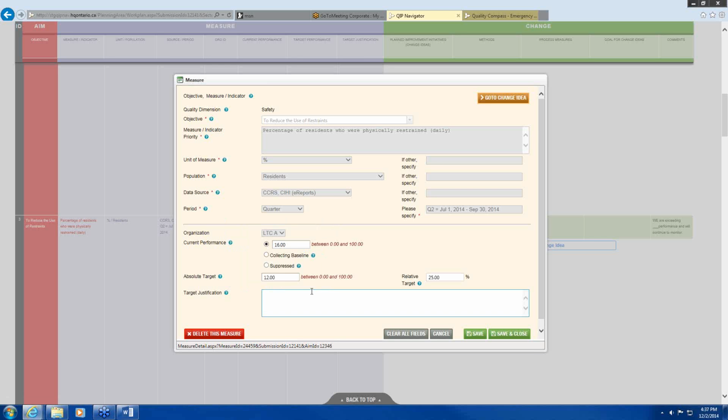There are a number of sources that you could be looking at for target justification. There may be a LIN value to consider, there may be information from the e-reports, and your past history, how you have been doing in the past.